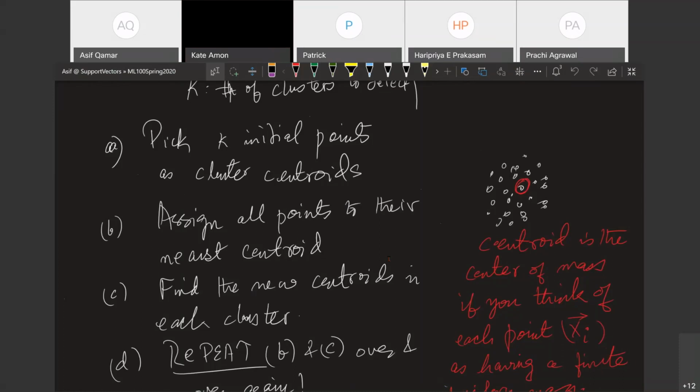Initially, what you do is you find the centroids, then the remaining task is to take every point and ask which centroid it belongs to, which is equivalent to saying which cluster it belongs to, because the identity of the cluster is the centroid. So once you have done that, now you realize that initially you started with a guess.